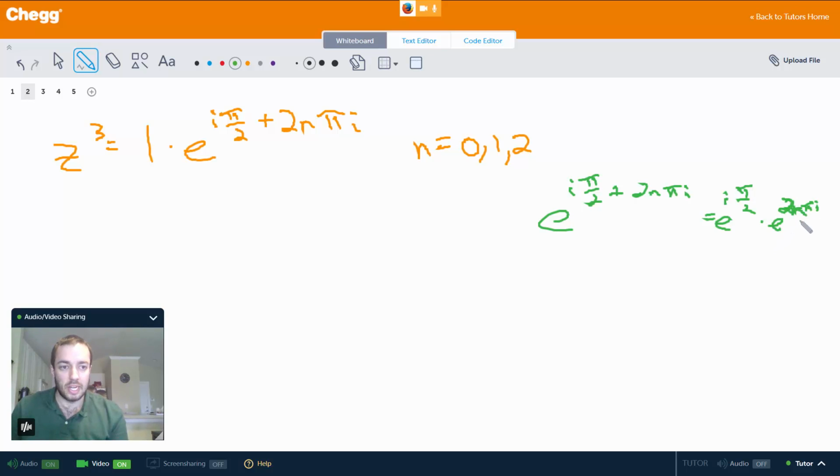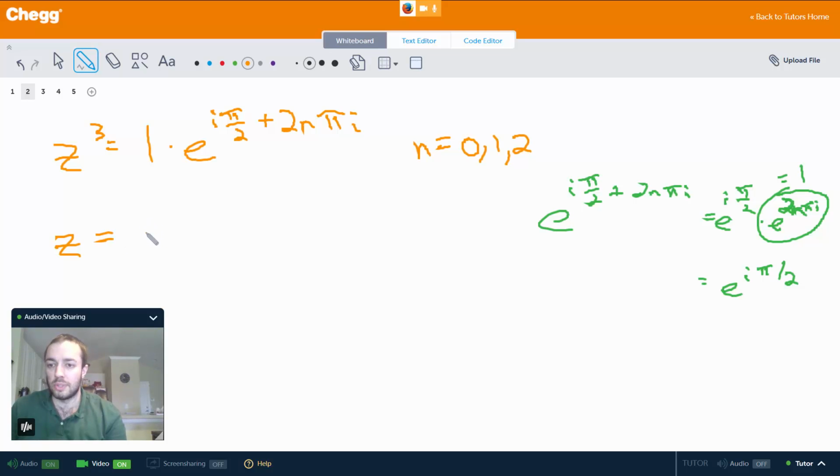And as long as n is any integer, positive, negative, or 0, this whole thing e to the 2n pi i is always going to be 1. So in particular, if n is 0, 1, or 2, then this whole expression will be 1, which means the whole thing will just equal e to the i pi over 2. So when we add this 2n pi i, we don't actually change anything. Then you might be asking yourself, well, why do we do that at all? Well, because our next step is to take the cube root of both sides.